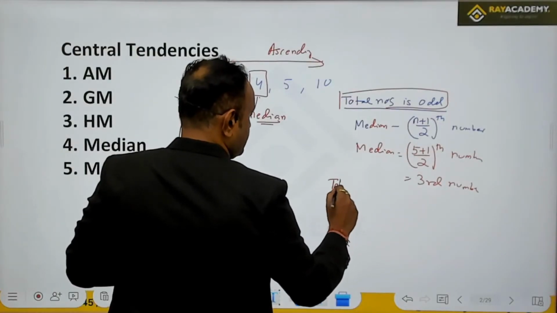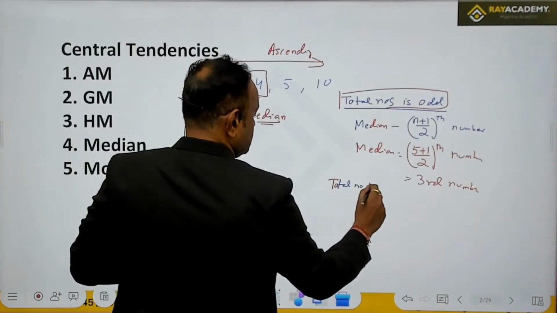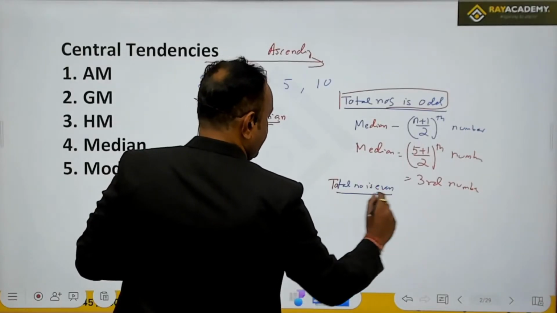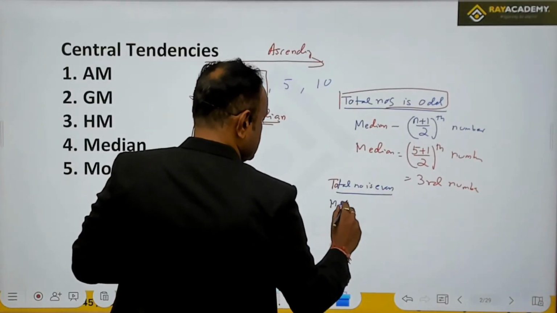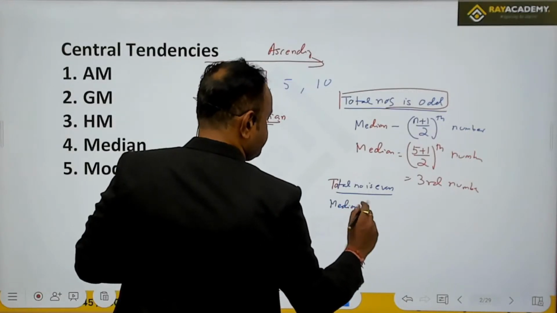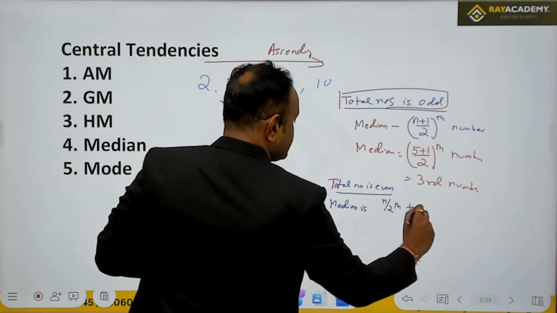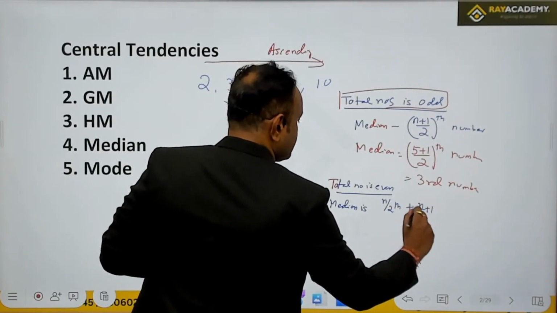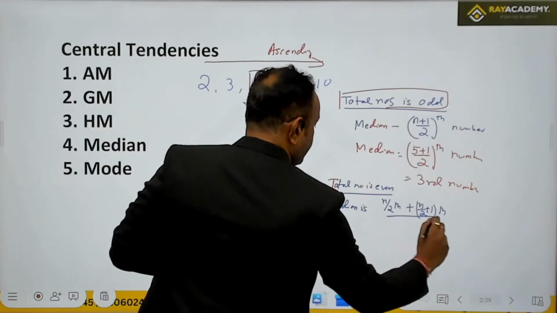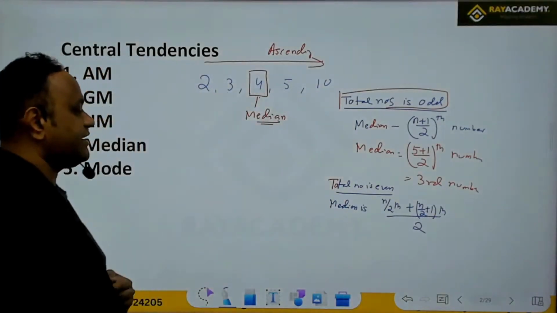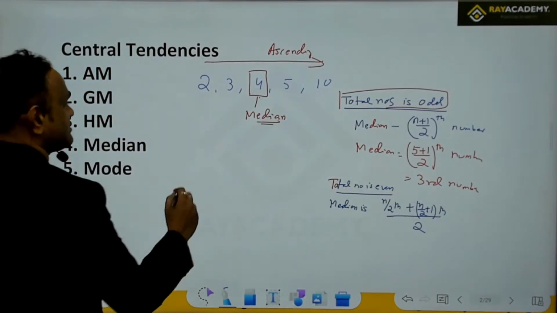Total number is even, then median is the (n by 2)th term plus (n by 2 plus 1)th term, divided by 2. That means I would take an example.